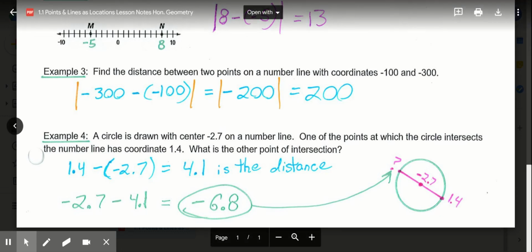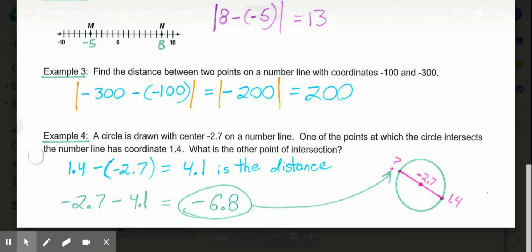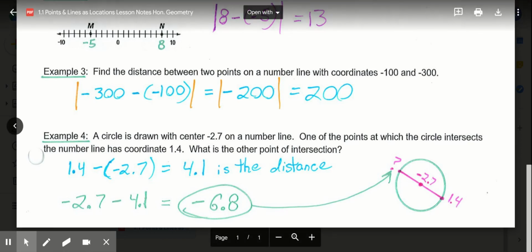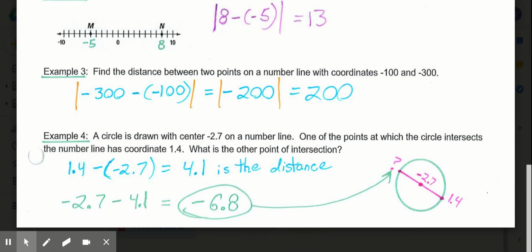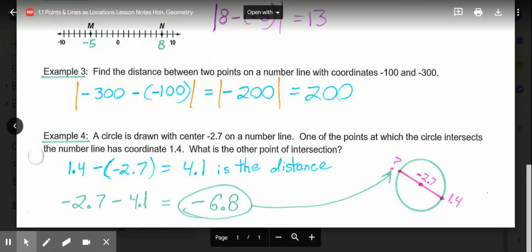So I drew myself a circle, and I simply drew a diameter segment going all the way across through the midpoint. My midpoint I knew was at -2.7. Then to make this into a number line, 1.4 was where that line met the circle. So now it's a coordinatized line, or number line.